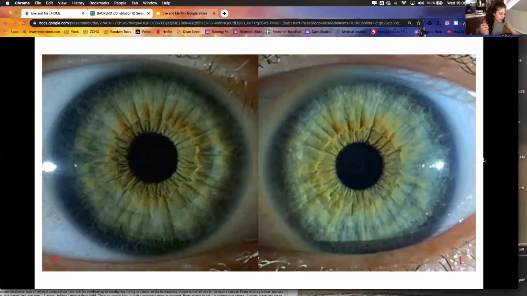So, other things. Now, when we look at the iris, one of the ways we tell constitution is by the structure of the fibers. The easiest way to talk about the fibers is to compare them to actual fabric type. On one end, you have silk fabric, which is really tight, doesn't have any openings in it.